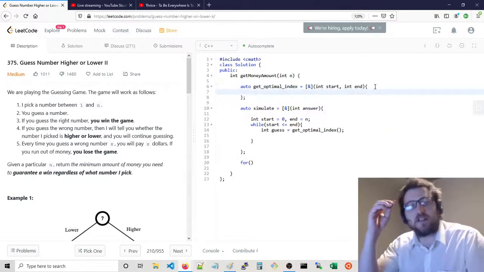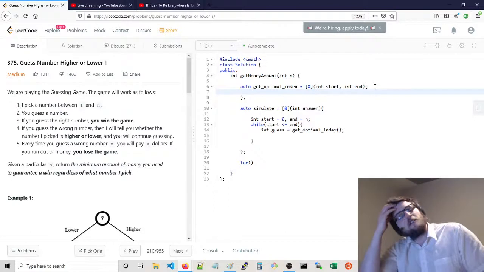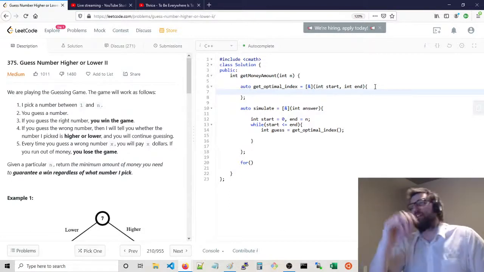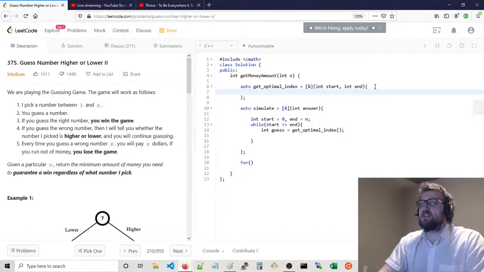That works nicely for the first guess. That doesn't work well after that. This is starting and ending indices. You basically int, so left is going to be 0, right is going to be 0.